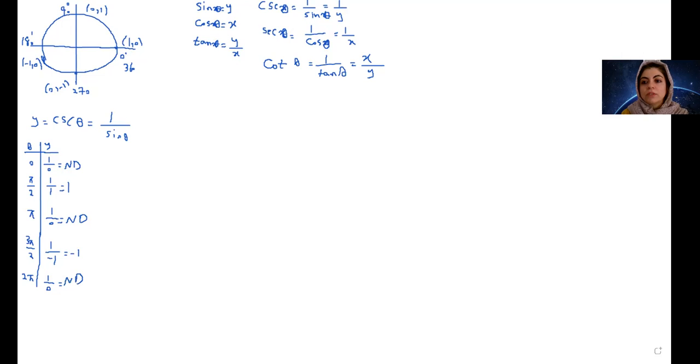Just be careful about the graph. So here is pi over 2. Here is pi. 3 pi over 2. 2 pi.